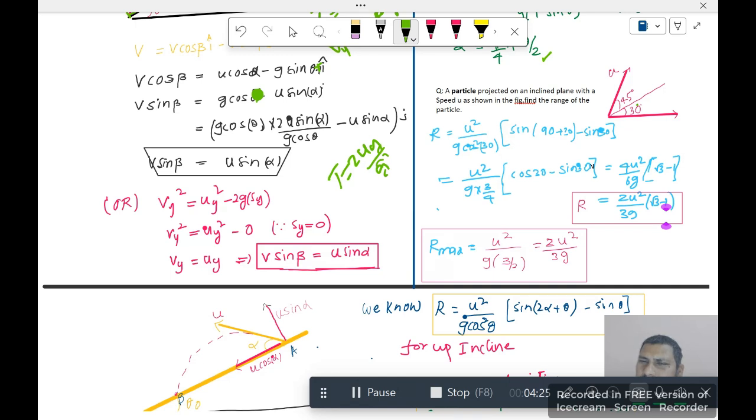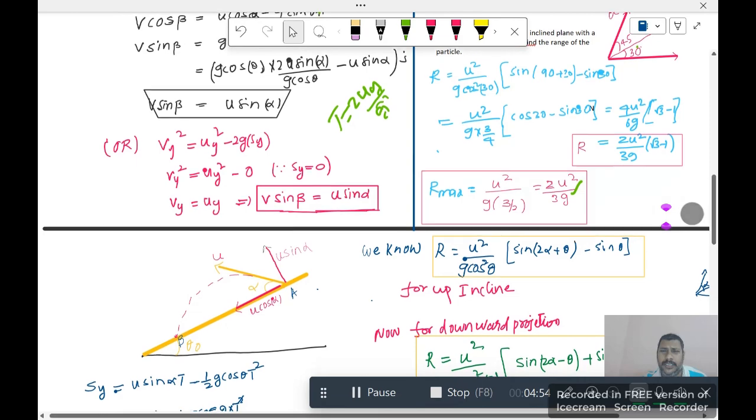The maximum value means u square by g into 1 plus sin theta, sin 30, 1 plus 1 by 2, that equals 3 by 2, giving 2u square by 3g. So this is an example on projection on an incline.